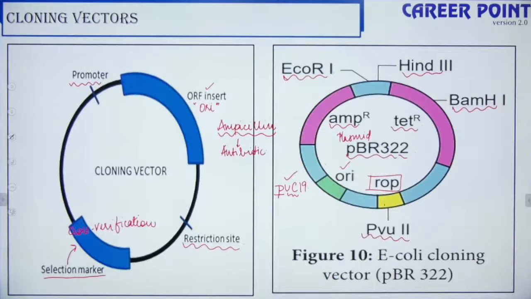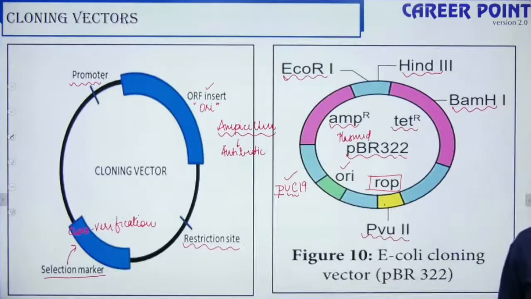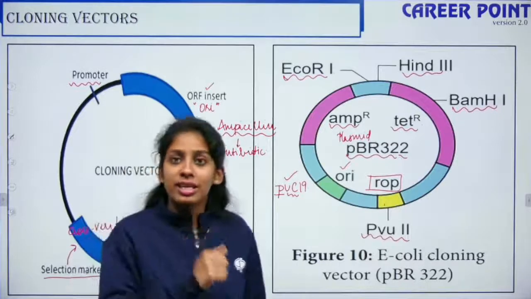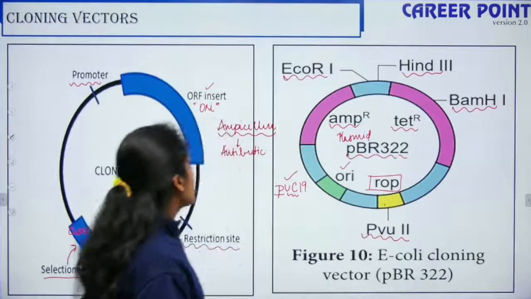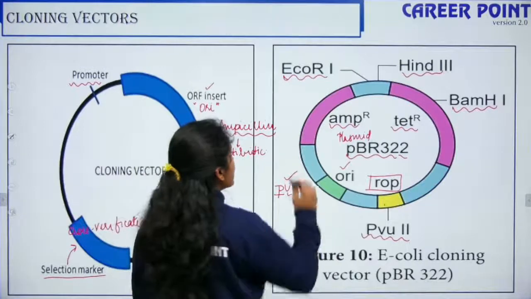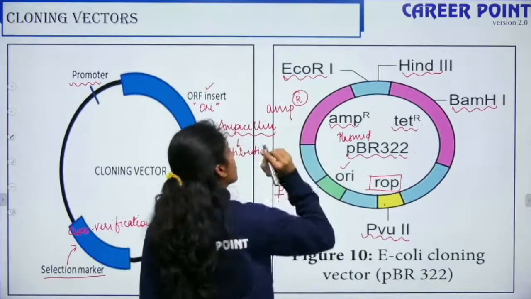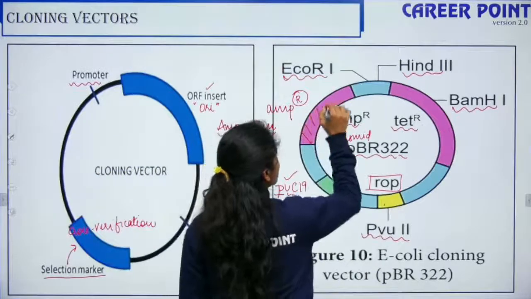Yes, any idea? Okay, when you have an infection by bacteria, to kill or fight against the bacteria, we take antibiotics, right? So one such antibiotic is ampicillin, but here it is written as AMP-R. So what does this R mean? R means resistance. So this is a gene that codes for ampicillin resistance.